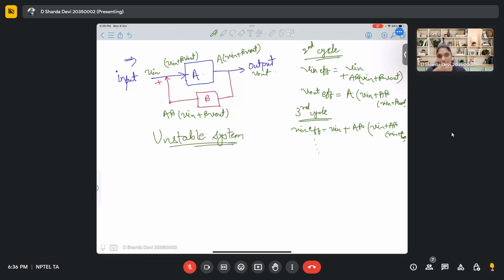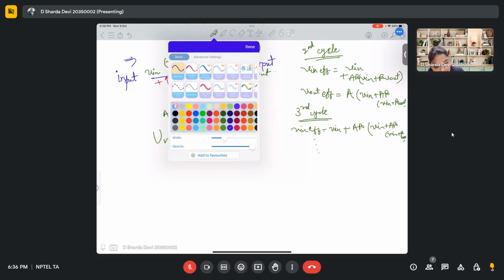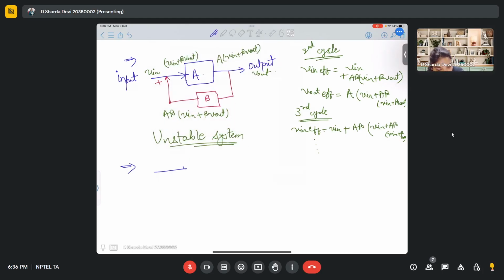This is the basic idea you can get simply after looking at this circuit, right? Now what happens if we look from the transfer function point of view? For a negative feedback, you have your V in and V out.